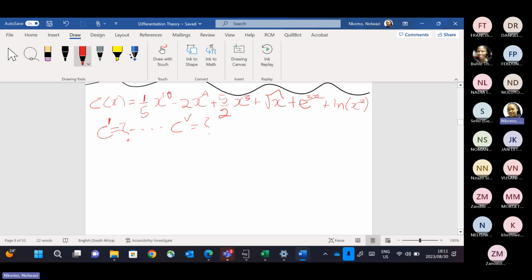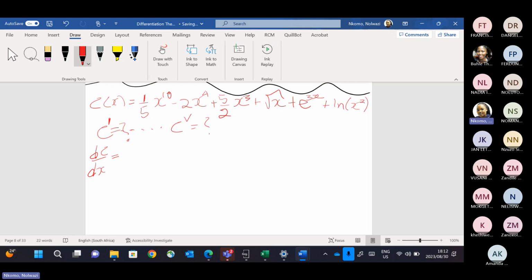We have this as C(x), and first we need to find the first derivative. So we need to differentiate C(x) with respect to x, and this is C prime, right?